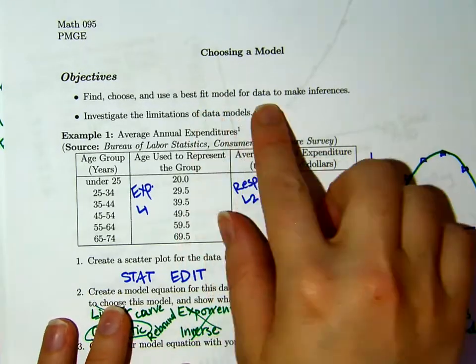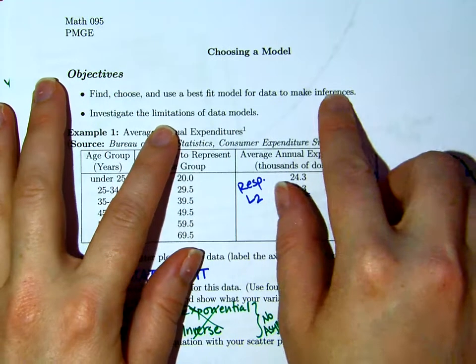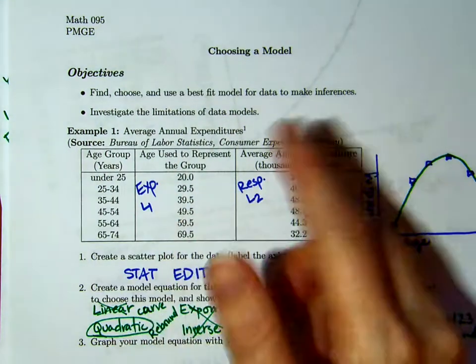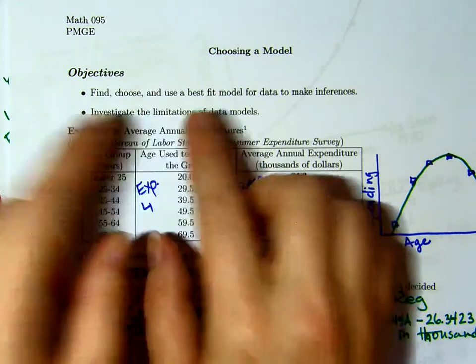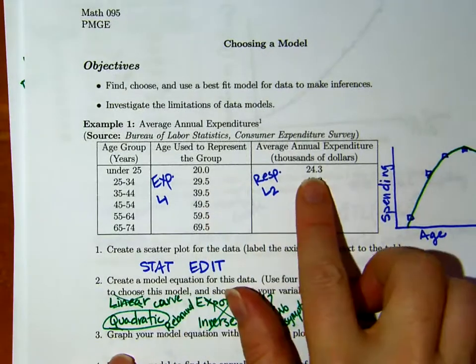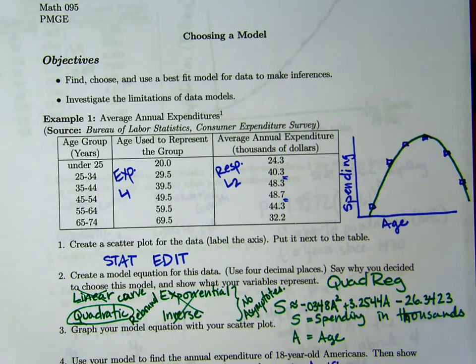But then we used those models to make inferences that maybe weren't in our data chart, or even to show how much error our model actually had. In general, it all starts with a data set, and then we just graph it to see what works best. How can we make the best guess we possibly can?